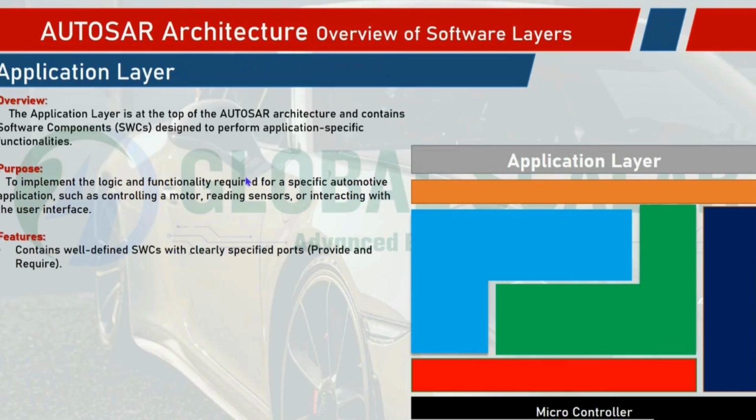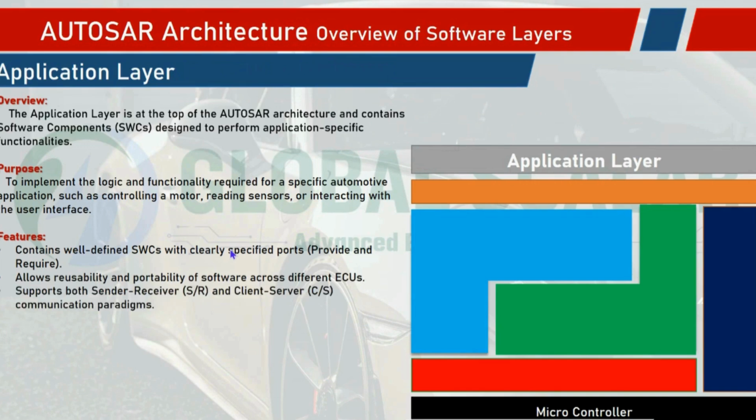As for features, it contains well-defined software components, SWCs, with clearly specified ports. There is the provider port and the required port, the receiver port. The provider port is used to send data, and the receiver port receives data. These can be configured via the application software, which allows reusability and portability of the software across different platforms.